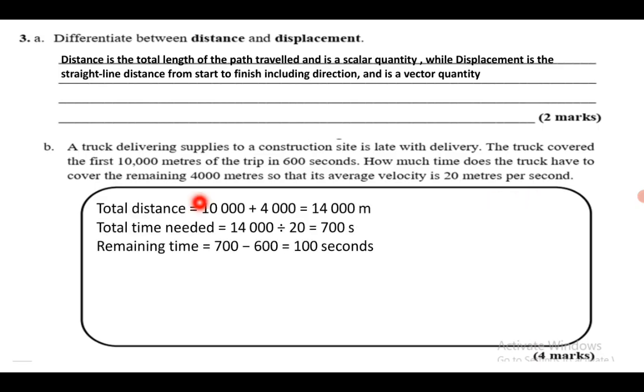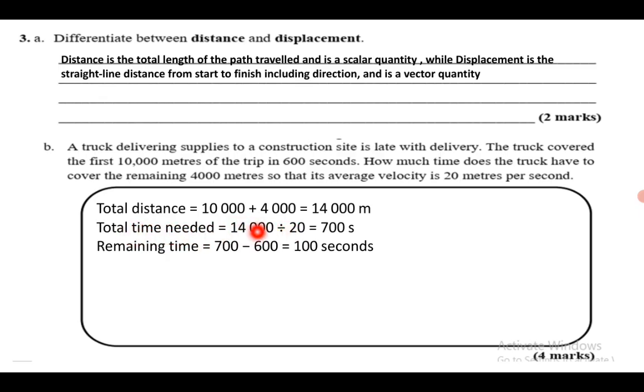Alright, so first of all, find the total distance that the truck has to cover. So the total distance is 10,000 plus 4,000, that's 14,000. And the total time needed.